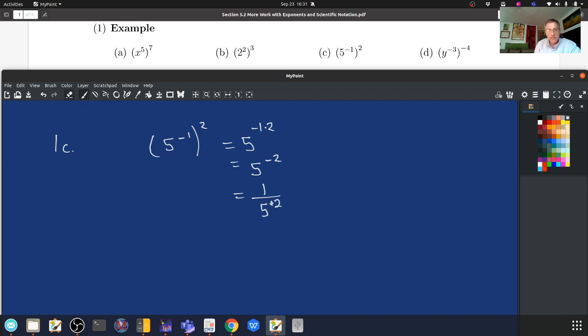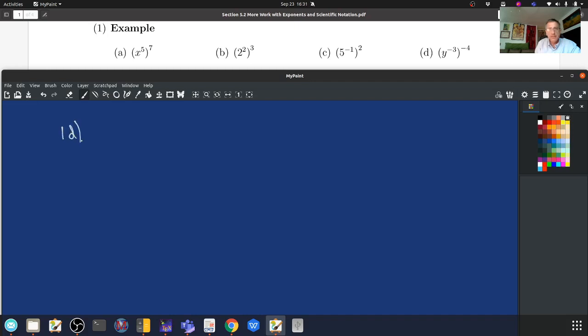Again, we don't write the plus, but I put it there just so you can see that the sign changed from negative to non-negative, in the sense that it doesn't have a minus sign on it.